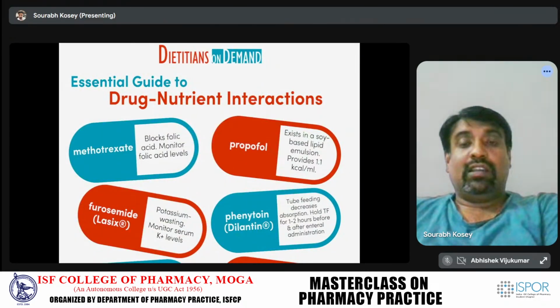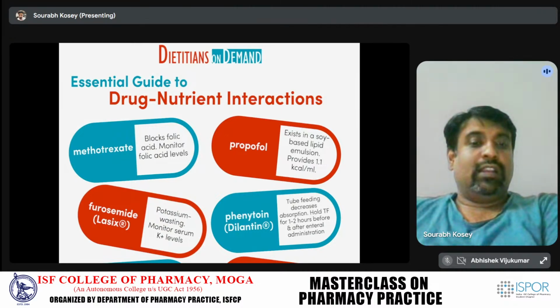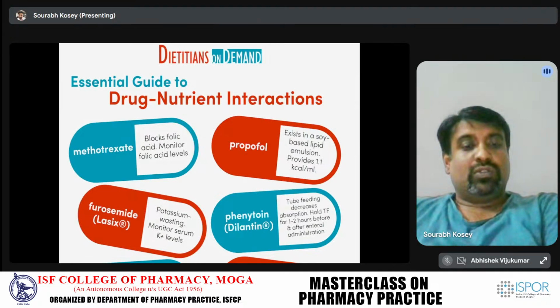Examples of essential drug or herb interactions: methotrexate blocks folic acid, and folic acid is required for iron supplementation in the body. Then furosemide, the brand name is Lasix, is potassium wasting, so serum potassium level is decreased due to it.